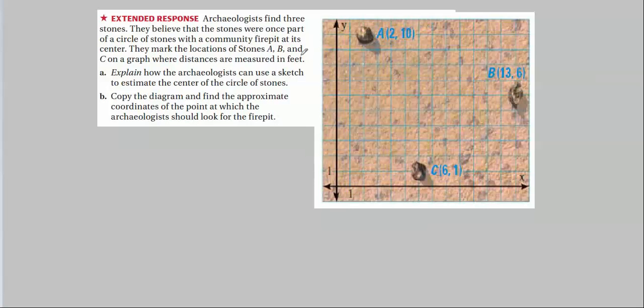For a triangle, probably what you mean is the point which is equidistant from the three other points. Just like the center of a circle is equidistant from every point on the circle. So chances are what they want to find is a point equidistant from each of these rocks.